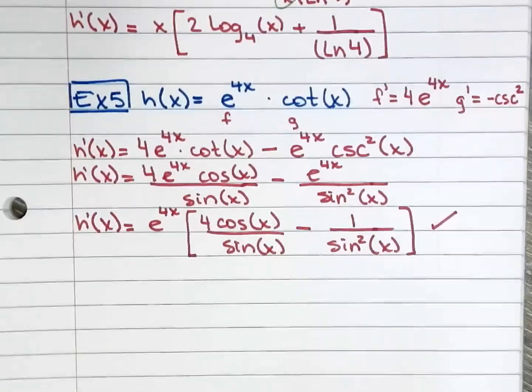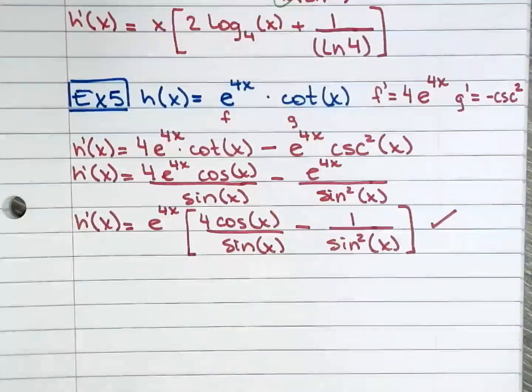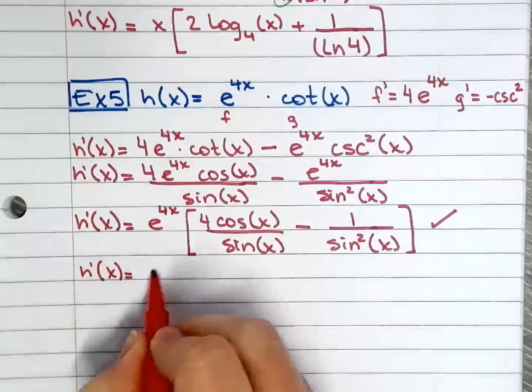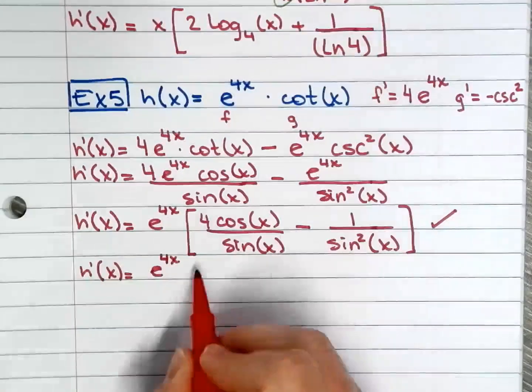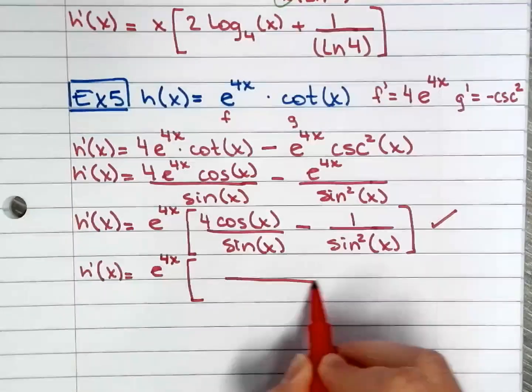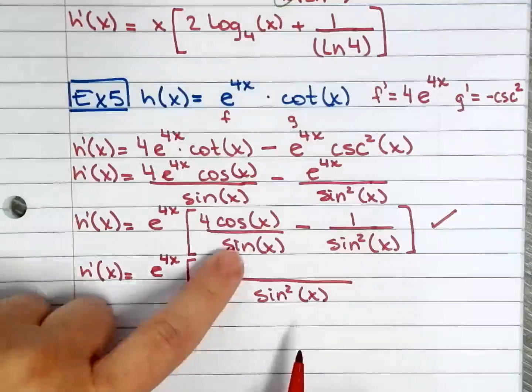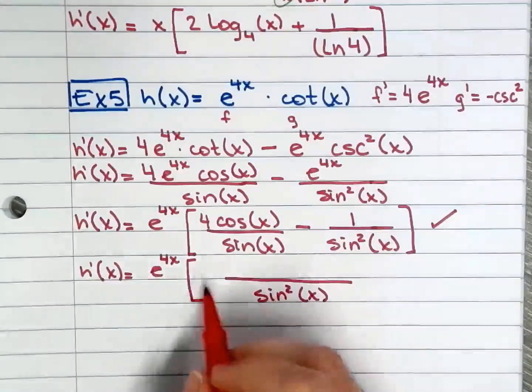If you want to go one step further and make this the common denominator of sine squared, it will look prettier, so why not? But you don't have to. So sine squared of x, we need to make this sine squared.